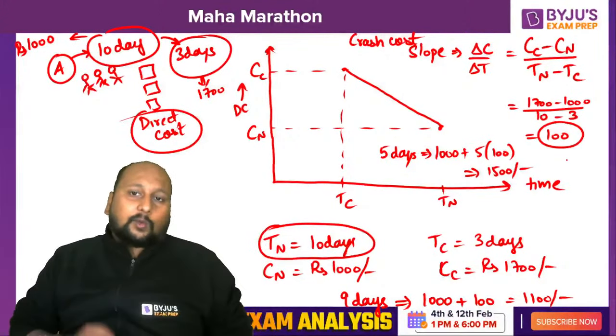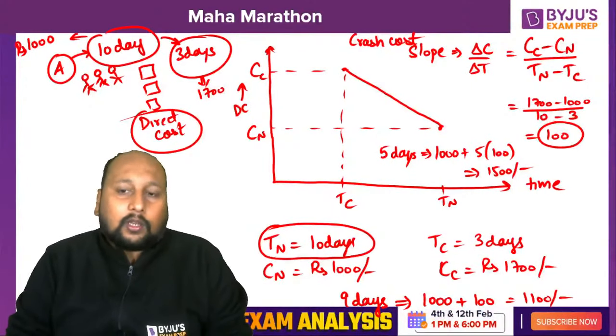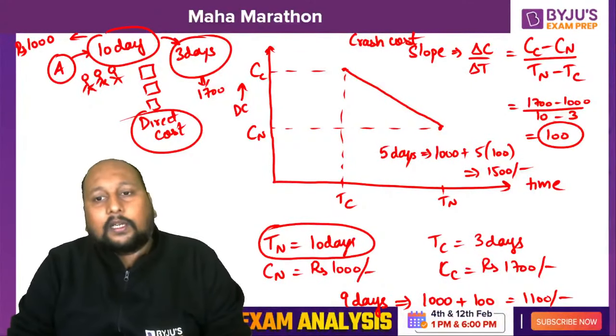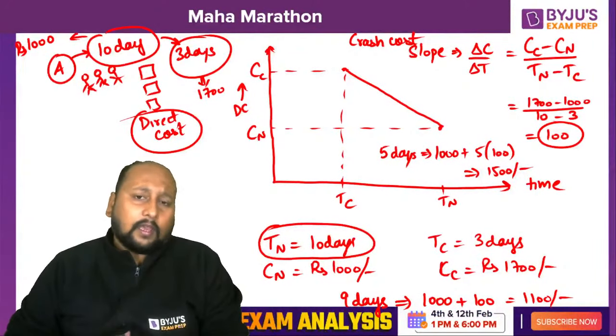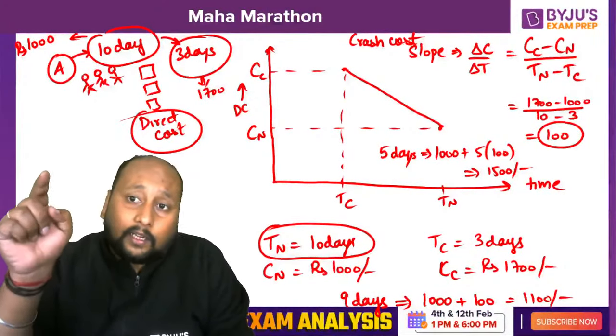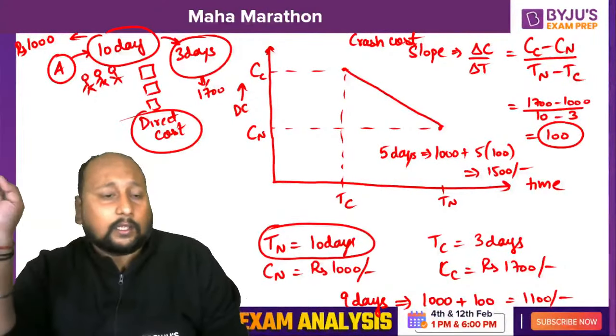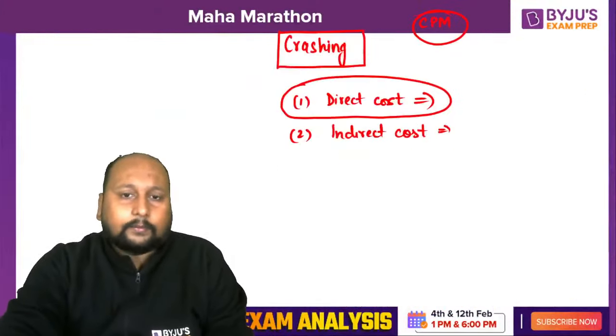Okay, so this way I can calculate the total direct cost. I can easily calculate the direct cost by using the very easy concept of crash cost slope. And we are crashing only that critical activity which has the least crash cost slope. Is this clear? Fine, right?